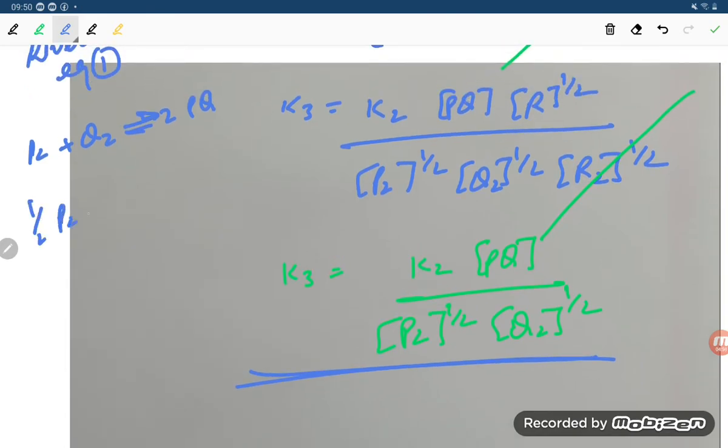So 1 by 2 P2 plus 1 by 2 Q2 is equal to PQ. On reversing, we are able to get this.